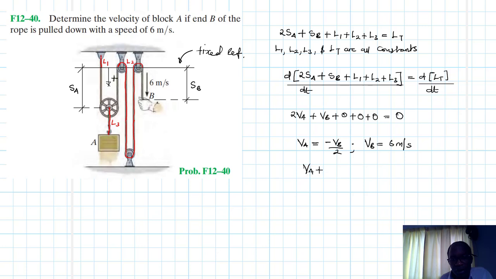Therefore VA is going to be equal to minus 3 meters per second, which is also equal to just 3 meters per second, and then we can use an arrow to say it is going up. So I think this is about it for this problem. There we go. This is the final solution for the velocity of block A.